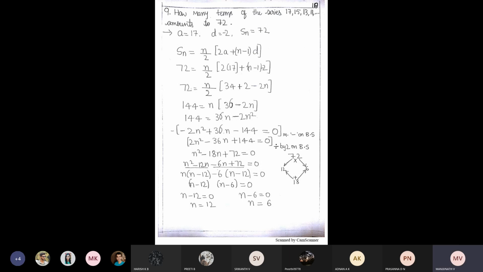It's given A is equal to 17, D is equal to minus 2, and Sn is equal to 72. Take this formula: Sn is equal to n by 2 into 2a plus n minus 1 into d. You can use that prescribed one for the sum of the series. The clue you need to focus on here is the word "amounts to 72."